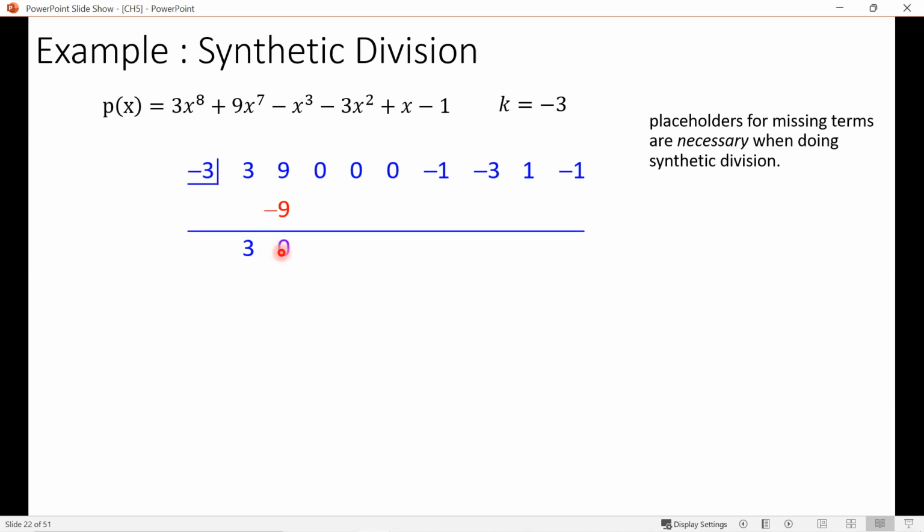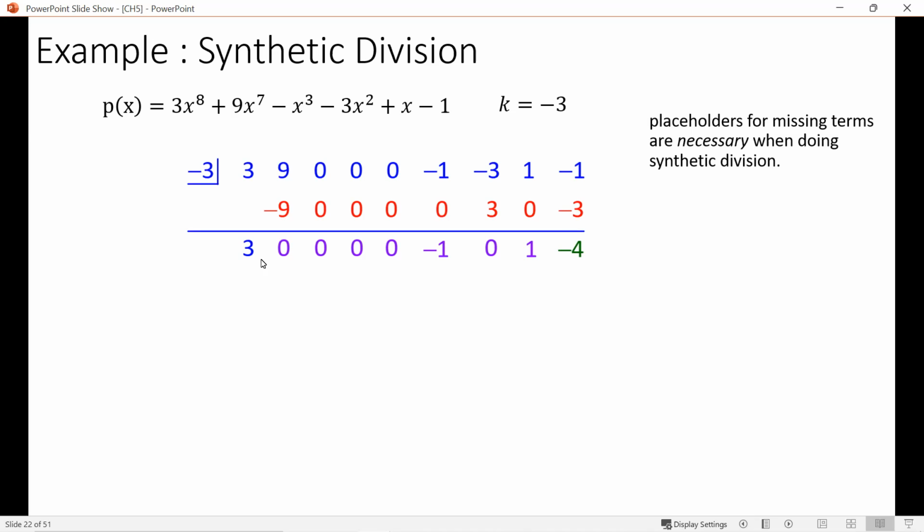Negative 3 times 0 is 0. Add them together. We keep going. Negative 3 times negative 1 is 3. Add them together, we get 0. Negative 3 times 1 is negative 3, and we end up with a negative 4 in the remainder spot.